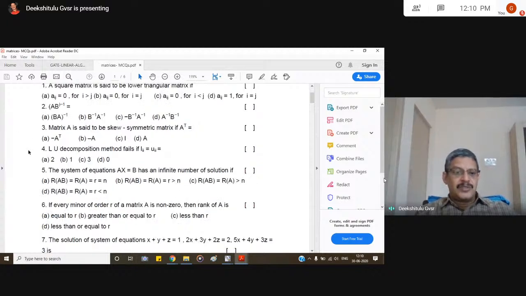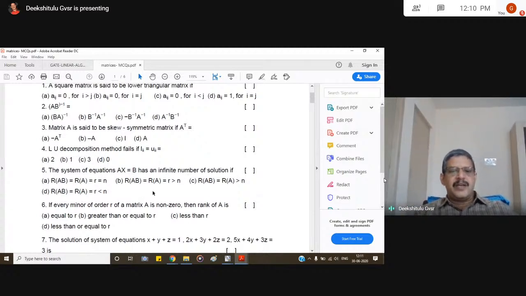These are the most important points that you have to understand. In LU decomposition methods, we are dividing by LII UII. When they are zeros, the decomposition method fails.